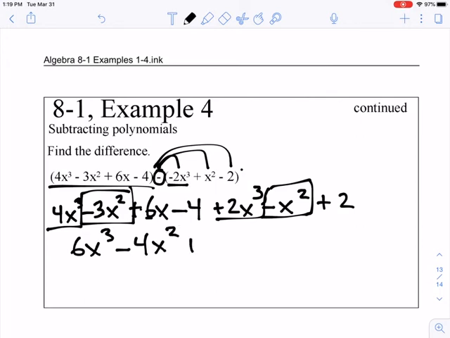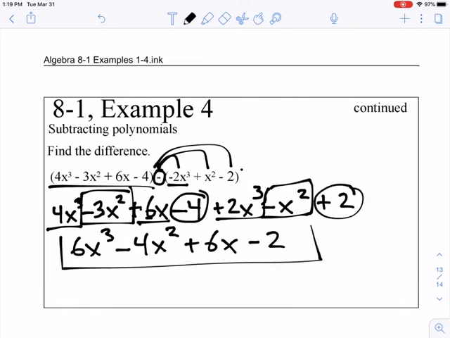And then you've got plus 6x because there is nothing to combine 6x with. And then minus 4 and plus 2 give me minus 2. So you have a 4-term polynomial with a leading coefficient of 6 and a degree of 3.